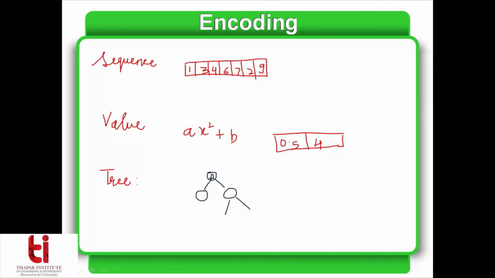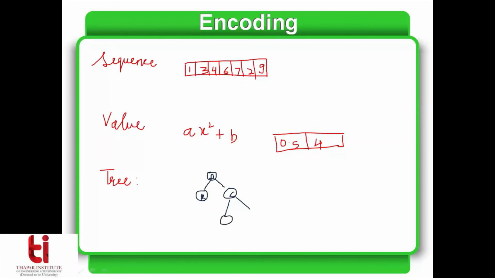I take it to be identifiers. If you remember, I don't know how many of you have done floor planning, there we form the Polish equation. If I'm going to form the floor plan, I make use of such kind of structures. So there I can use these identifiers.